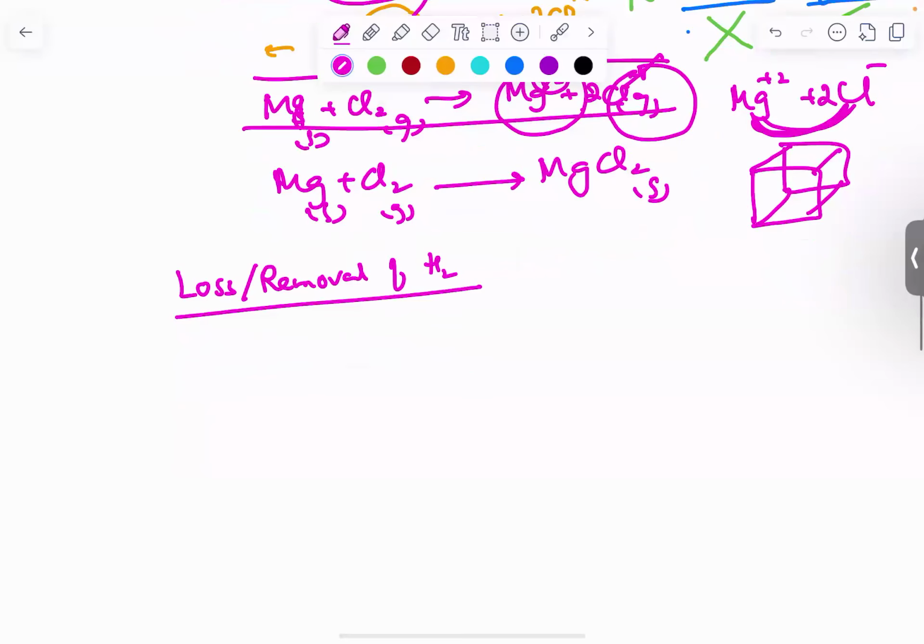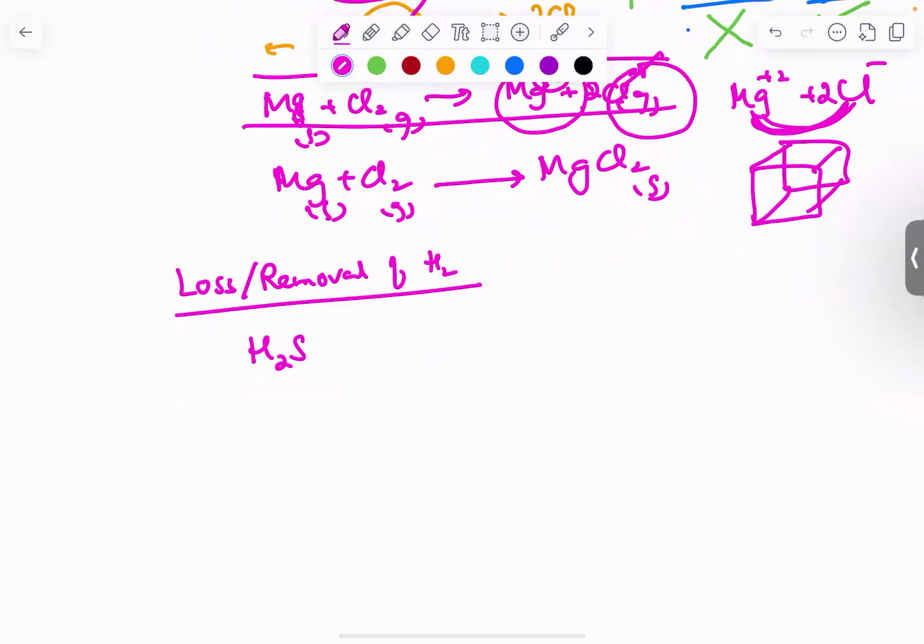That would be like if we have H2S, hydrogen sulfide, plus oxygen. Now, this is aqueous and this is gas. It forms H2SO4. Counterbalance it, that would become 2. So now it is balanced.